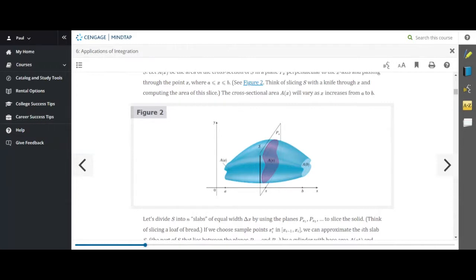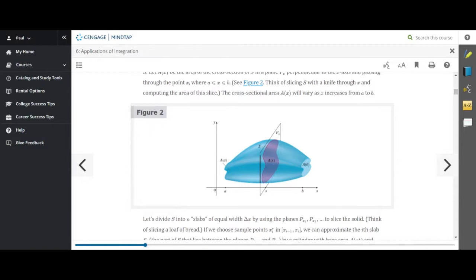If we were to cut out a cross section of this solid, that purple cross section there, the cross section would have an area, right? And the area would be a function of x, because depending on where you cut out a cross section of the bread, the areas can change, and that's because x is changing. So the cross-sectional area is a function of x, A of x.